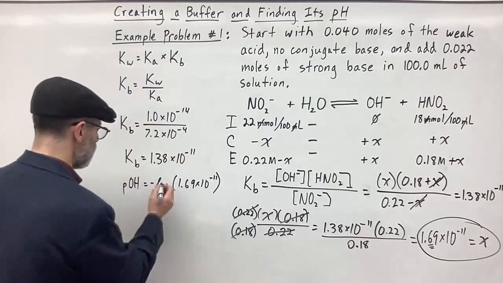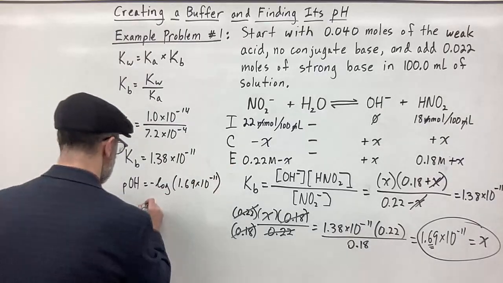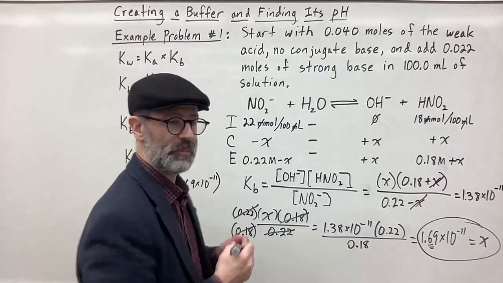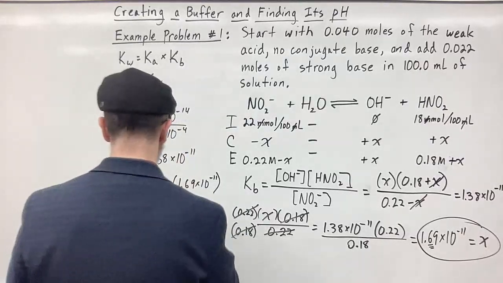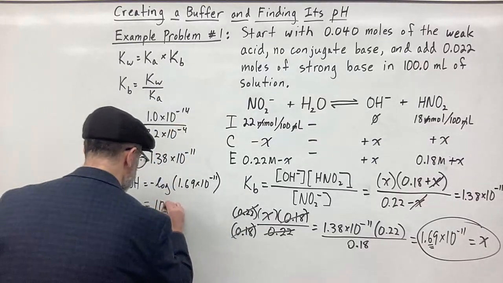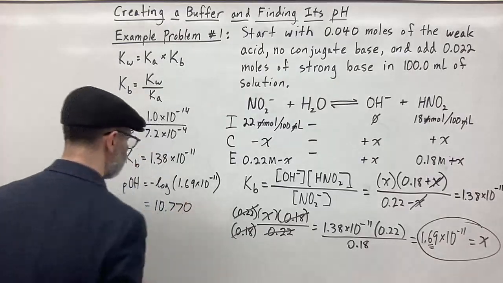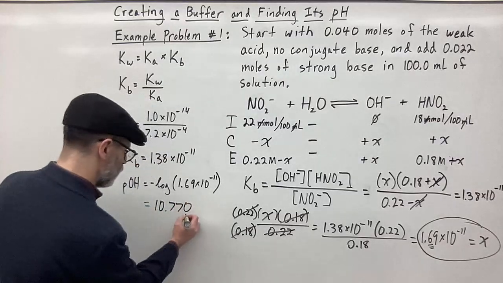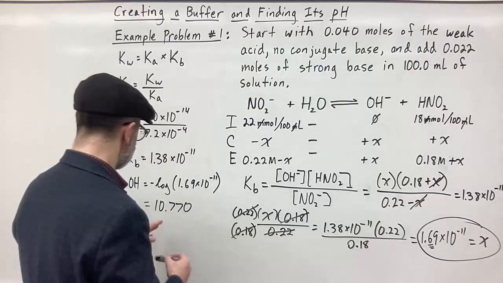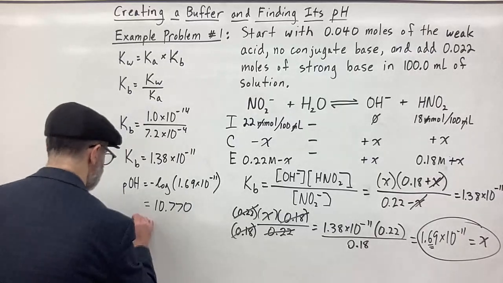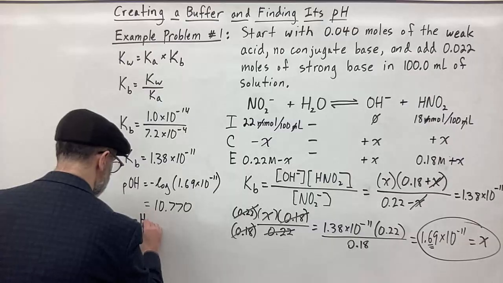So if we do the pOH, I almost made that mistake. So the pOH, let me calculate this. 10.770. I keep an extra digit here, and then what you do is to get the pH.